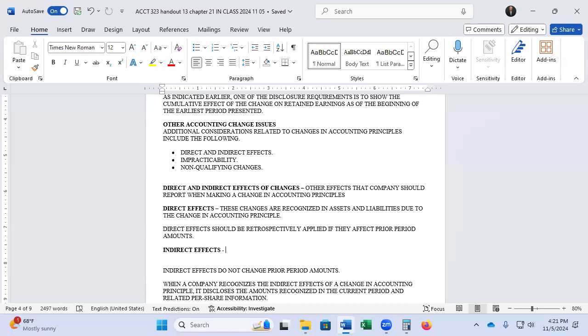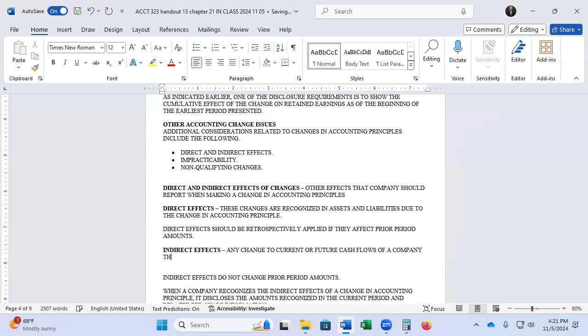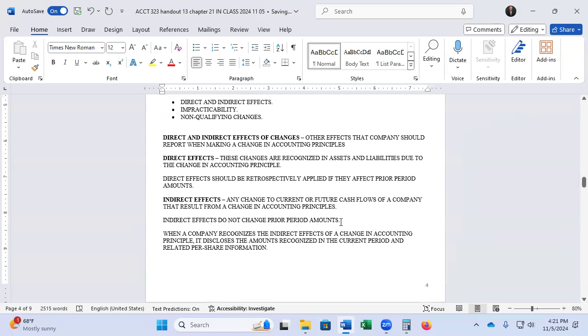And then indirect effects are any change to current or future cash flows of a company that result from a change in accounting principles. Indirect effects do not change prior period amounts.